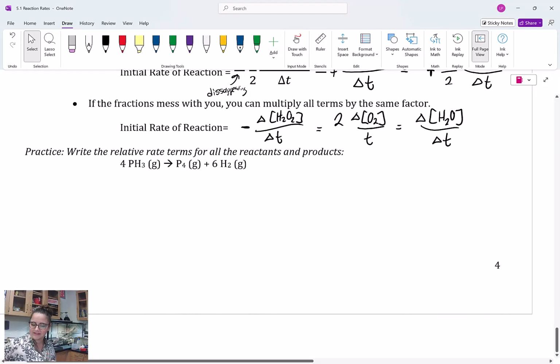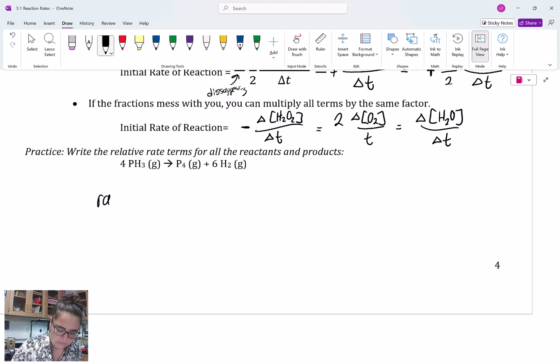Go ahead and try the practice on your own. Write the relative rates of the reaction. So remember, for the reactant, it's going to be negative.